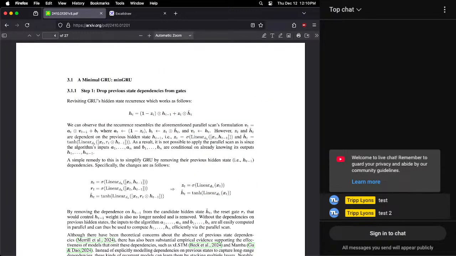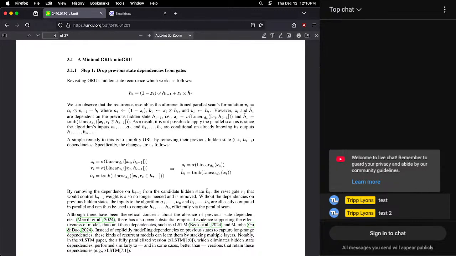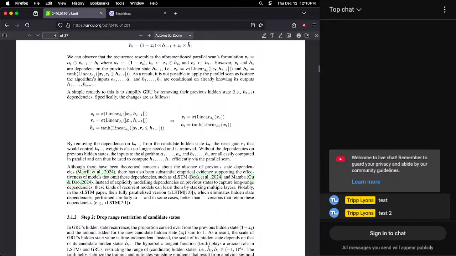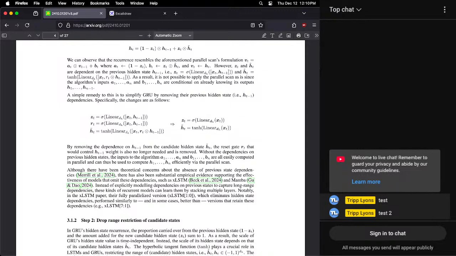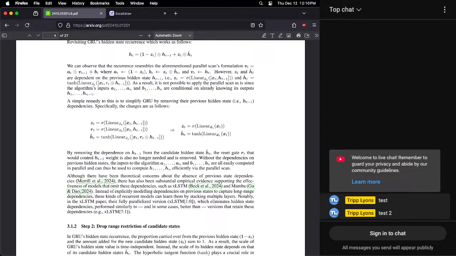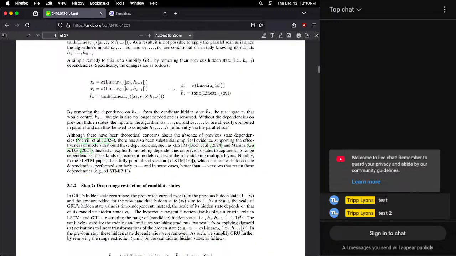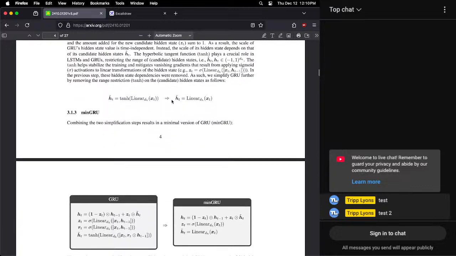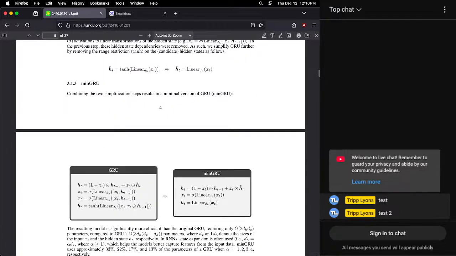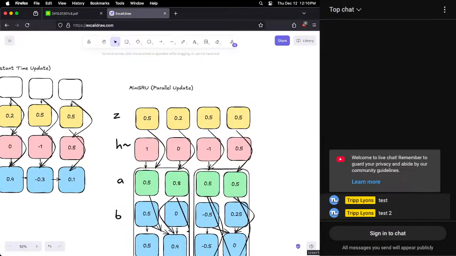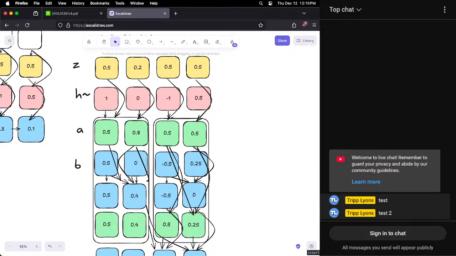Okay. And then I guess for the output, they just say what their output is. I think the output is just a linear function of the h's. Let's see. Min GRU. Here we go. They don't really say. I guess we could just assume that this is how they transform it.